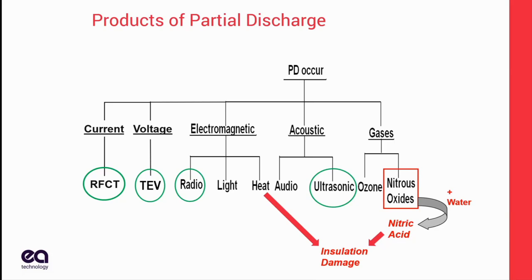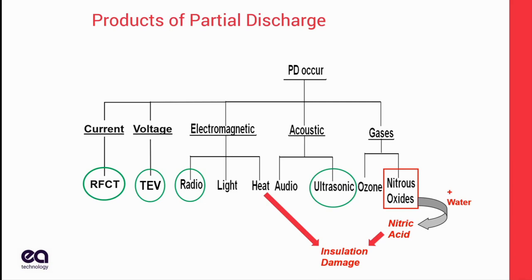In the electromagnetic field, we already talked about heat, which is the UV or the infrared rays. You get light, which is in the visible spectrum. As you saw in that video, you can see the sparks. In the radio spectrum, we get a lot of radio emissions. If you've ever had an AM radio, for those of us old enough to remember AM radio in your car, your truck, in a lightning storm, you get a lot of sparking and arcing impacting the radio.